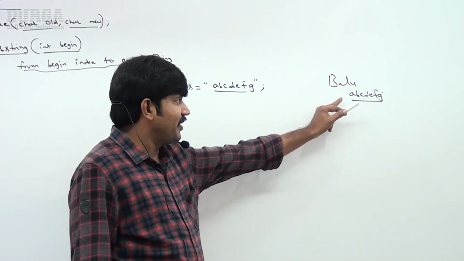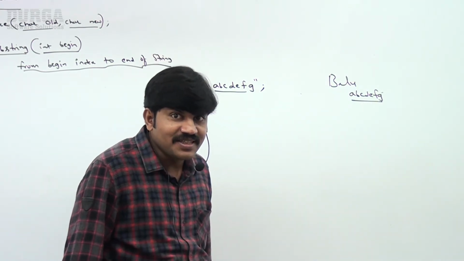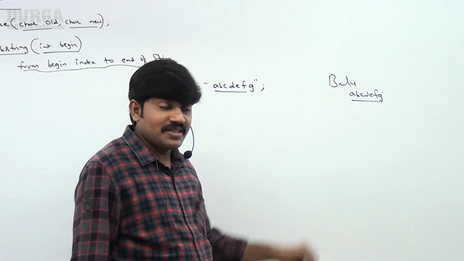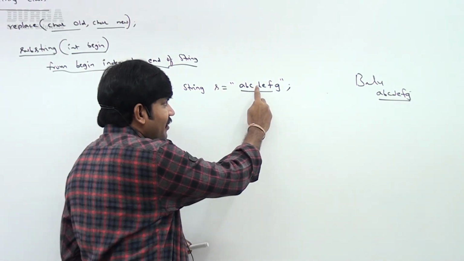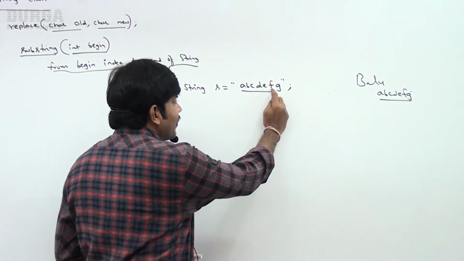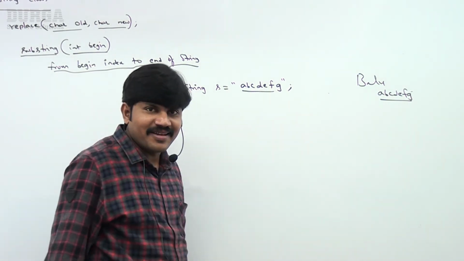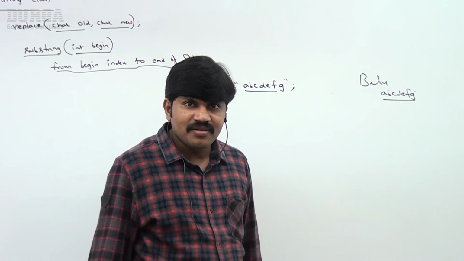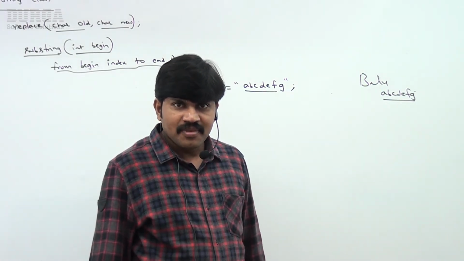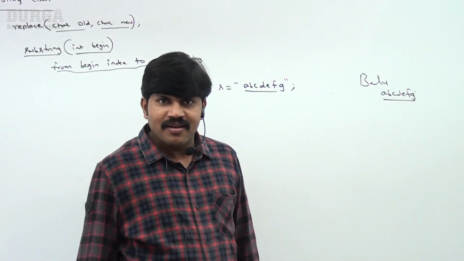Do you know what it means? A boy can do everything for a girl. Is it correct? A boy can do everything for a girl.